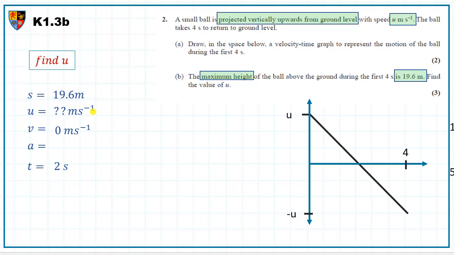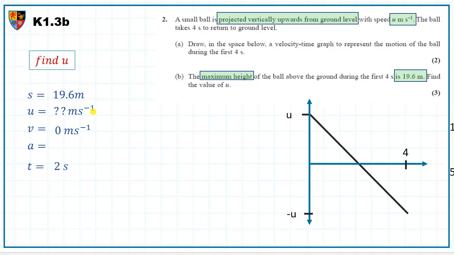Because minus 9.8 is your acceleration going up, and then coming down, it's 9.8. We get some symmetry: the time it takes to go up is the same time it will take to come back down. It will travel the same distance in the same time, just in opposite directions, different displacement. Hope that makes sense.